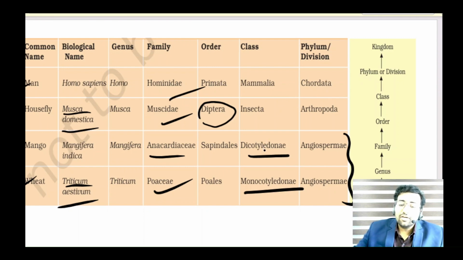Dicot means they have two cotyledons on germination, for example turmeric seed, cashew nut seed or mango seed. Their leaves show reticulate venation, whereas wheat has parallel venation in the leaf.